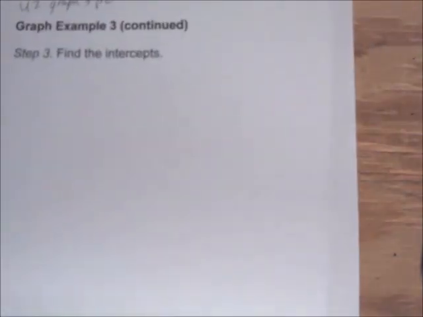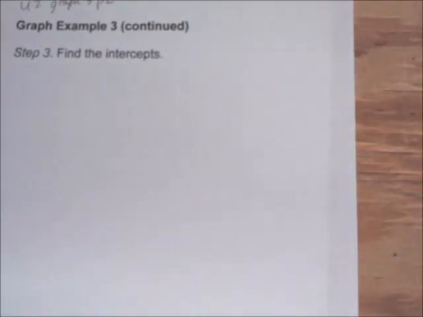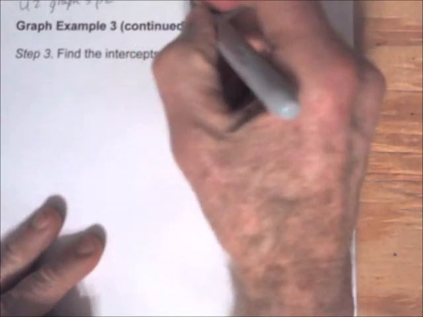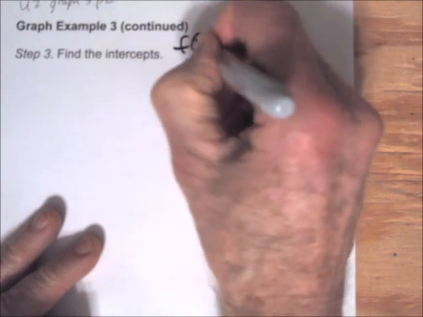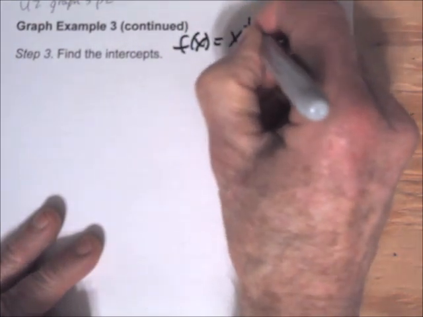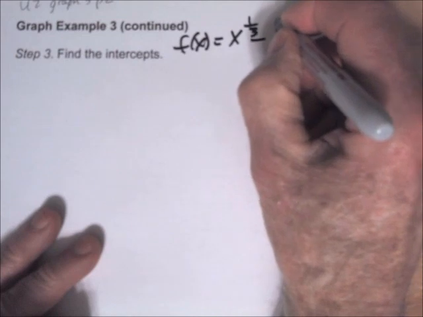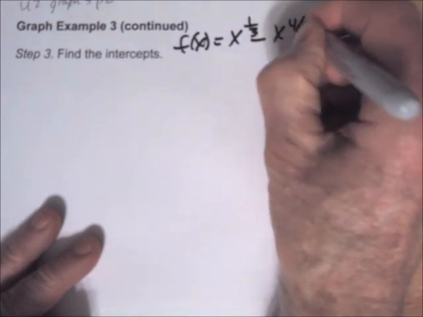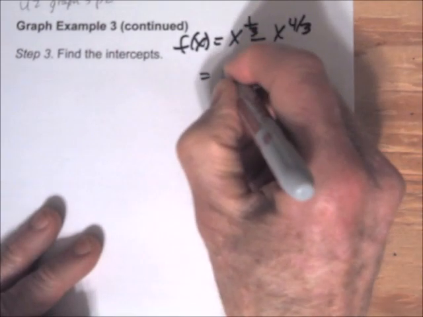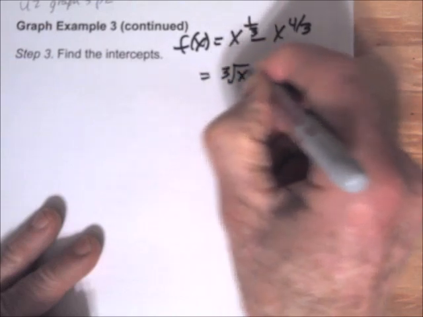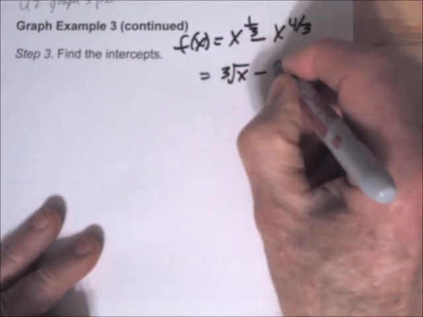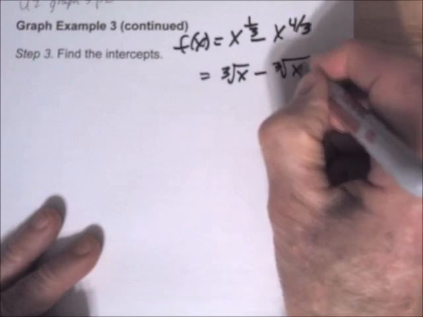Okay, so it's also useful to find the intercepts. So the y-intercept is f of 0. So again, our function is f of x equals x to the 1/3 minus x to the 4/3. We can write that as cube root of x minus cube root of x to the 4th power.